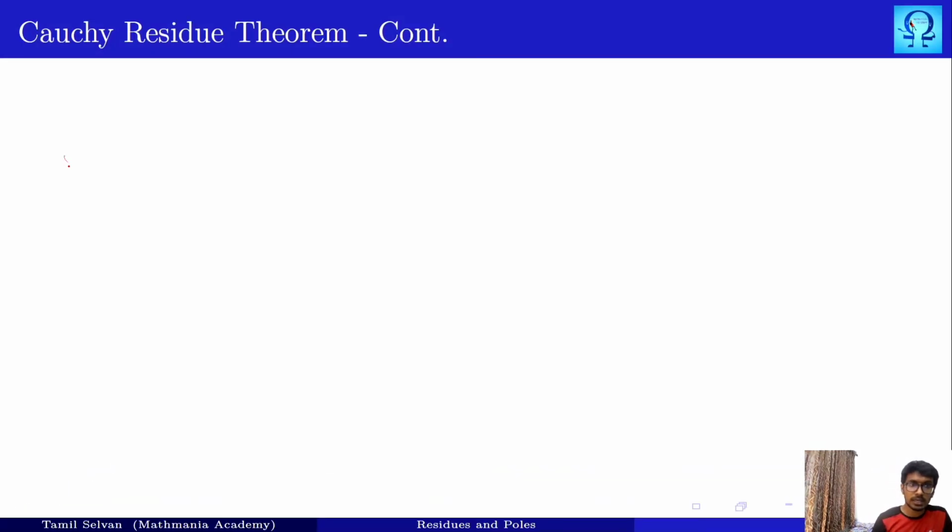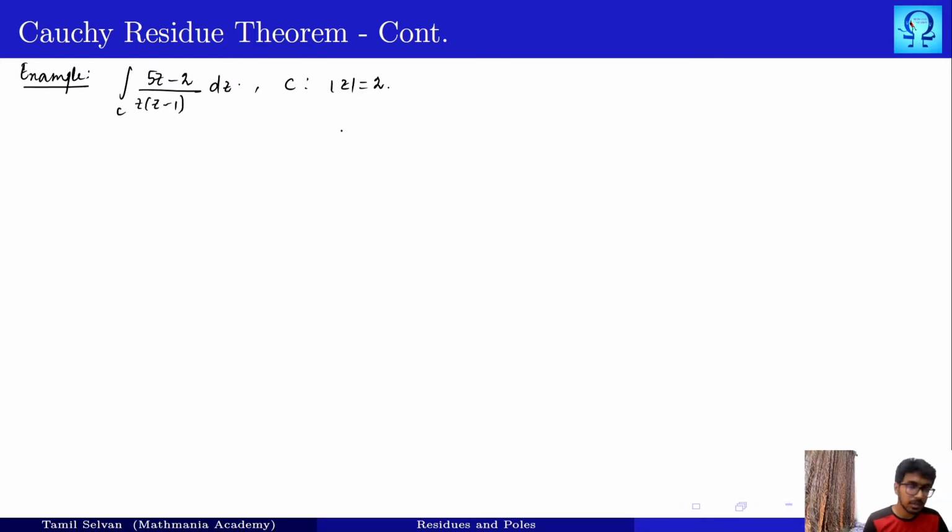Now let us see an example. We have the integral over C of (5z minus 2) upon z times (z minus 1) dz. Here C is the circle |z| equals 2, described counterclockwise, that is anticlockwise.